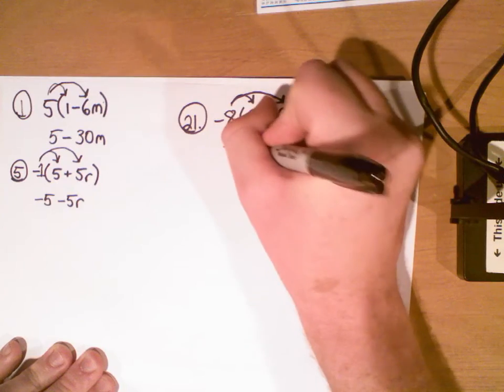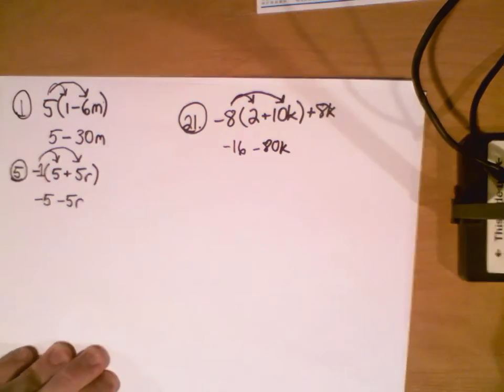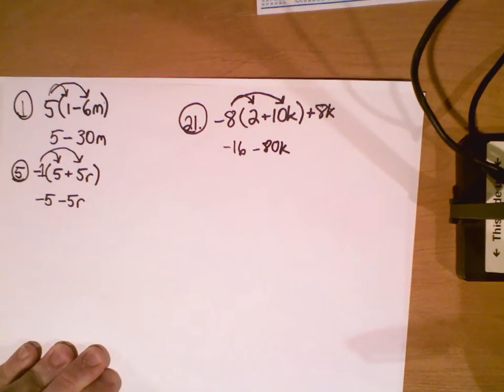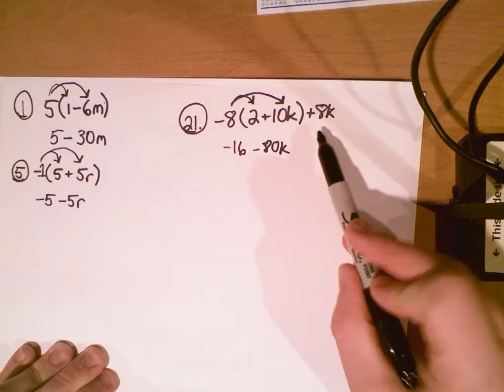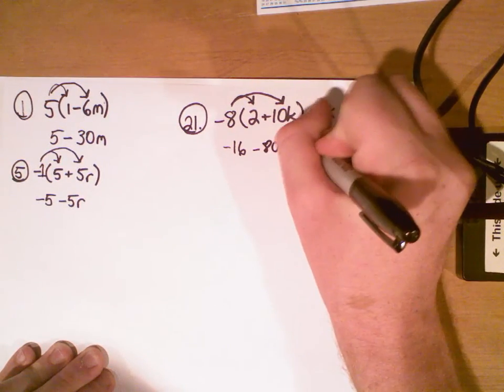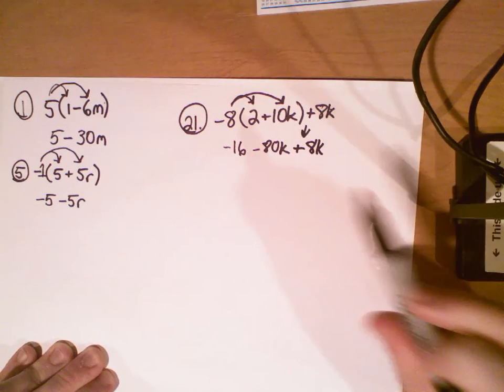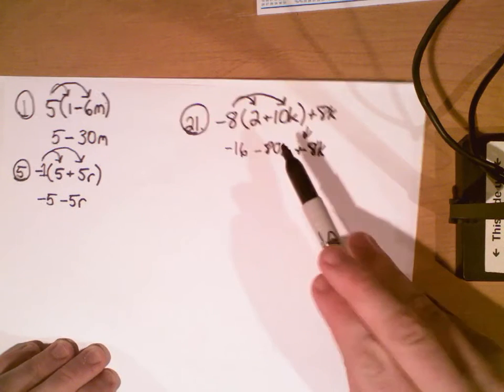That would be minus 80k. Now, I'm still left with a plus 8k over here. Bring it down to your equation below and make sure that you keep that sign, that plus 8k, down below.